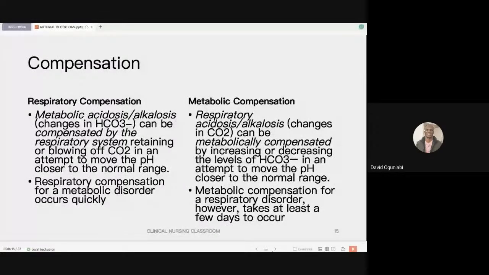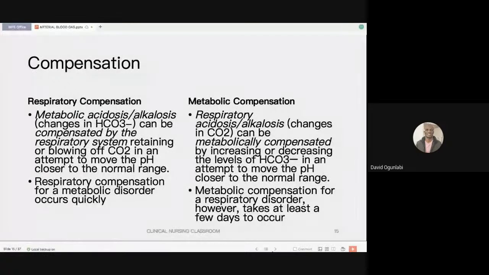Now, the same thing happens if there is a problem with the metabolic system, maybe with bicarbonate production. Maybe not enough bicarbonate is being produced by the metabolic system. I already said it: when you hear respiratory, we are talking about CO2. When you hear metabolic, we are talking about bicarbonate. Let this be in your mind again and again.